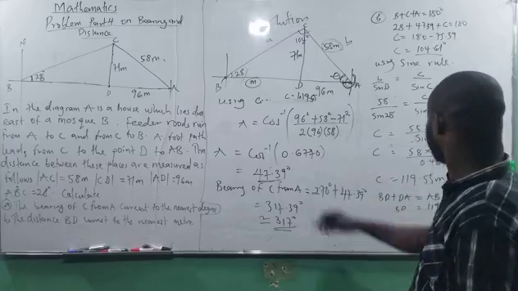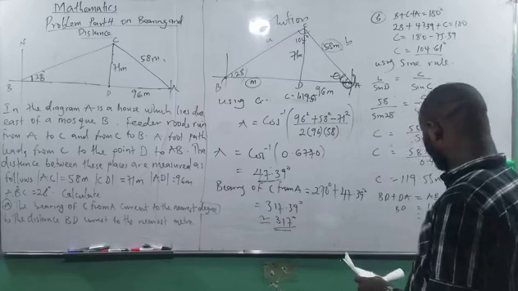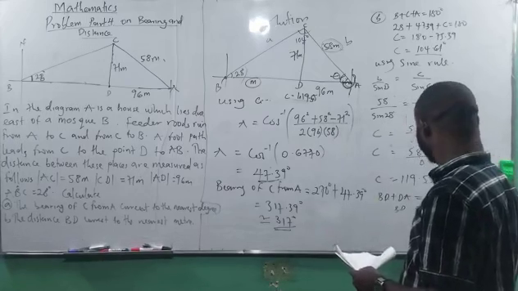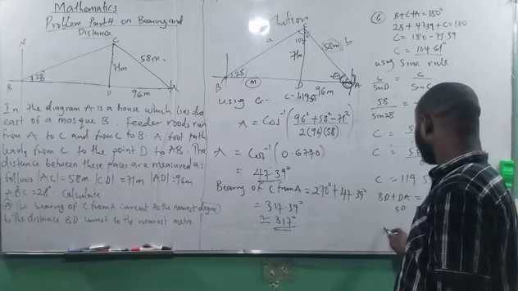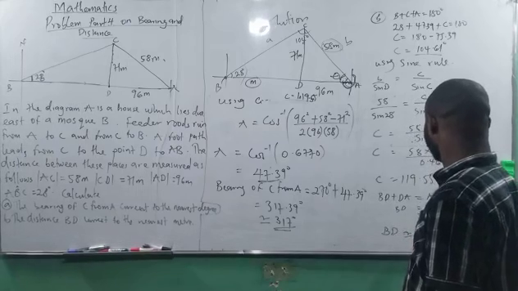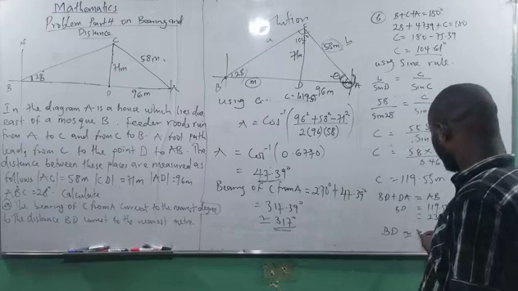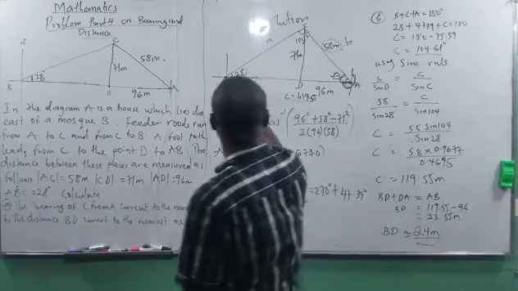Now by subtracting those things together, it will be equal to 23.55 meters. BD will be approximately equal to 24 meters. It means here is 24 meters.